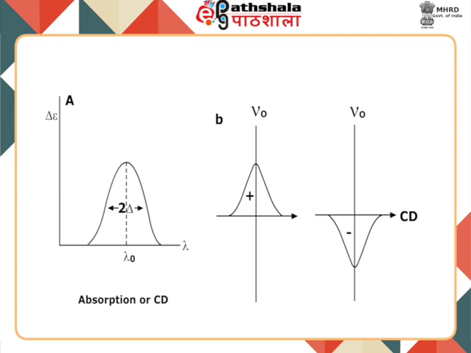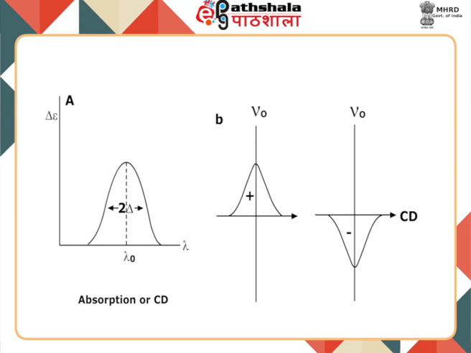The light received by the detector is compared electronically and presented as the difference between absorbances, epsilon L minus epsilon R. An ordinary spectrophotometer can also be used to measure circular dichroism. It is only necessary to provide some means of production of right and left circularly polarized radiation.